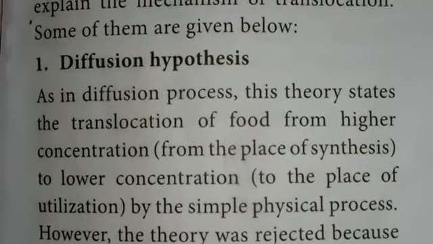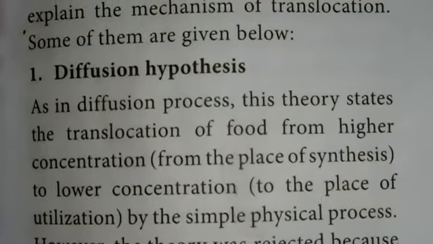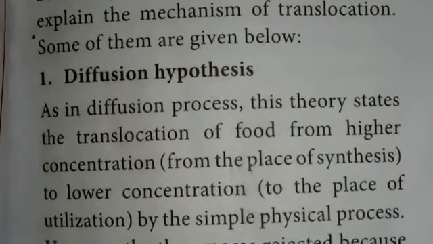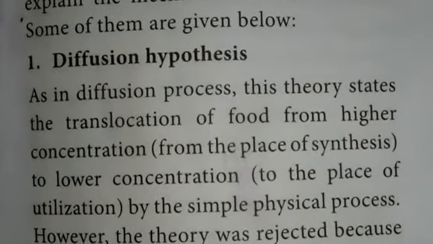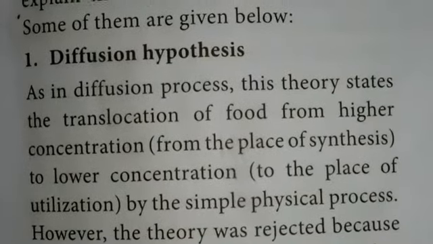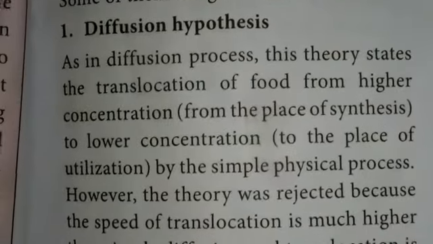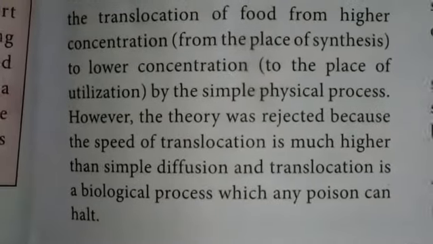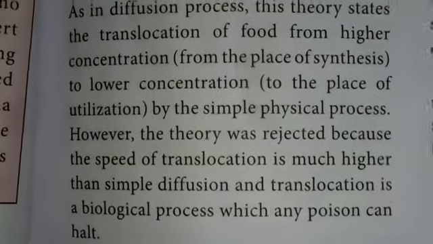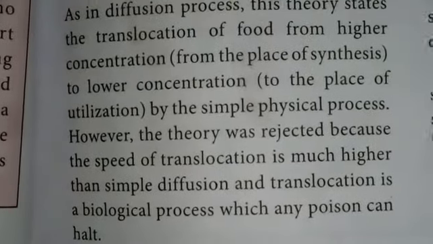In the diffusion hypothesis theory, this theory states that food material is translocated from a higher concentration, that is the place of synthesis, the mesophyll region, to a lower concentration, the place of need, such as roots, tubers, flowers and fruits.